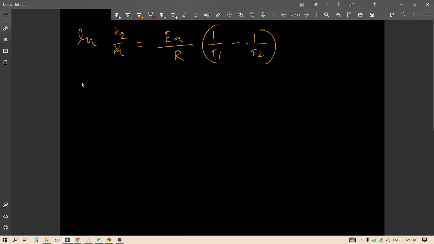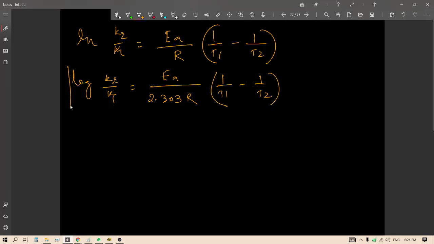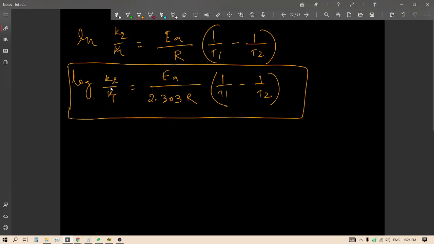This can be written as log K2 by K1 is equal to EA by 2.303 R times 1 by T1 minus 1 by T2. This is the final expression of the Arrhenius equation.